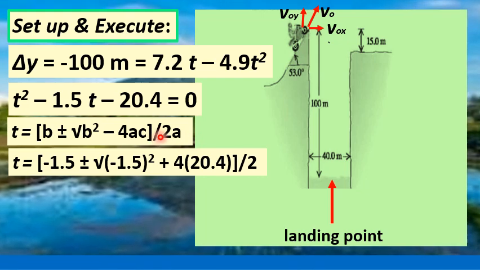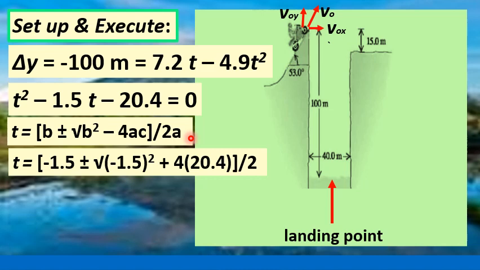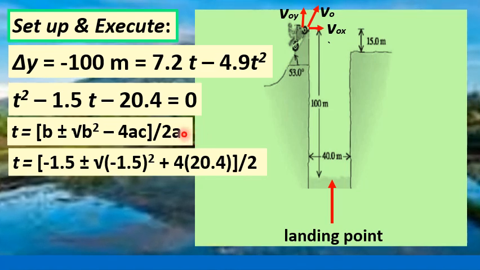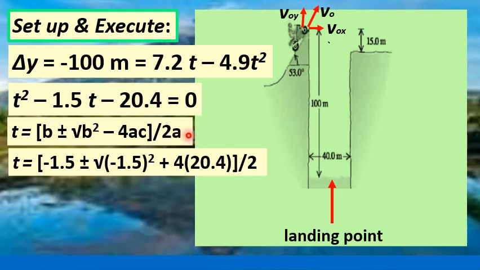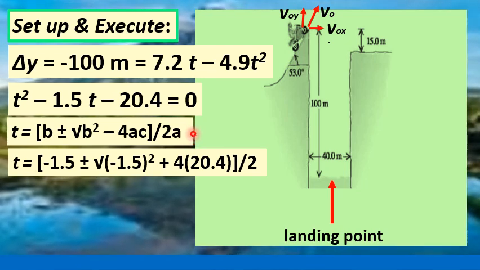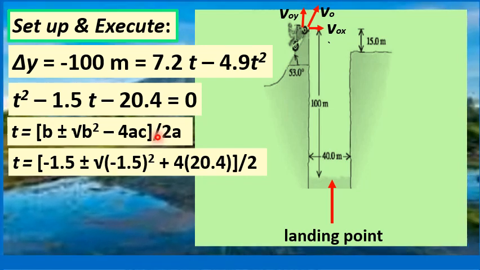Since originally our operation is minus 4ac, and that 20.4 is supposed to be negative, we will have a double negative. That's why we get here a positive sign.